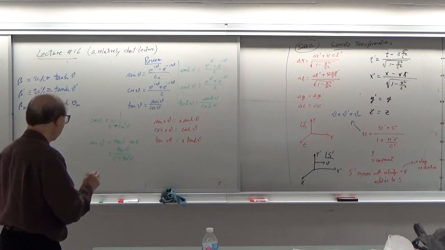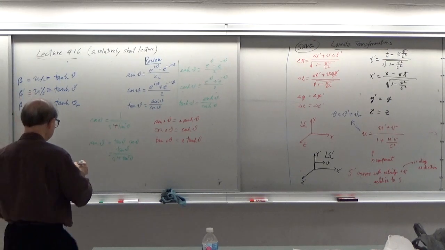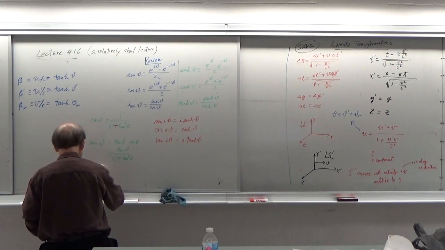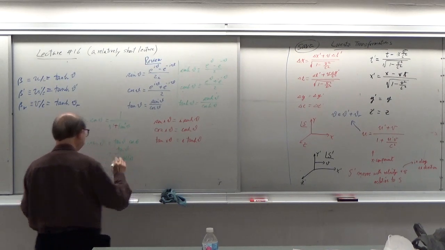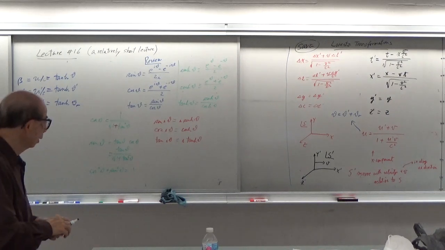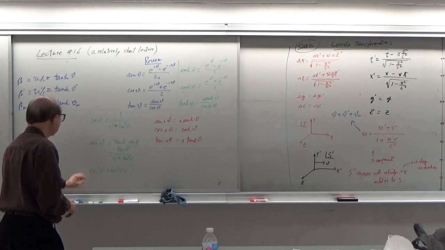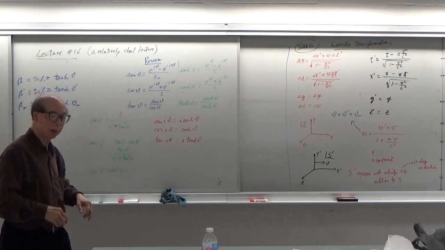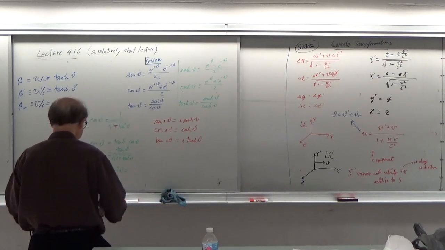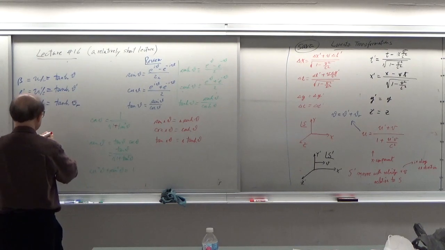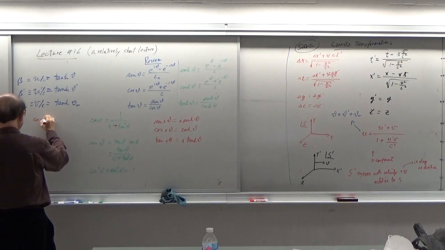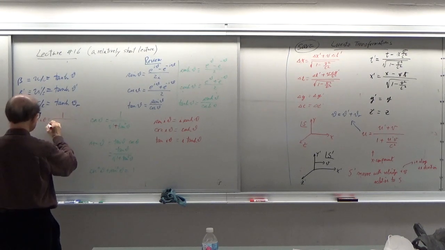All right? Also, we know that cosine squared theta plus sine squared theta is 1. Let's now replace those angles by the imaginary angle. So if I consider cosine of i theta, that will be equal to 1 over the square root of 1 plus tangent squared of i theta.